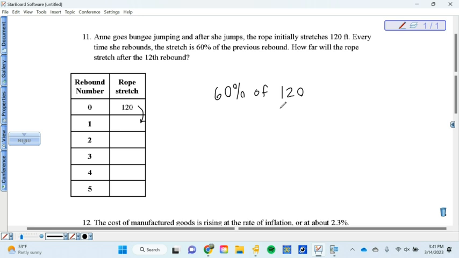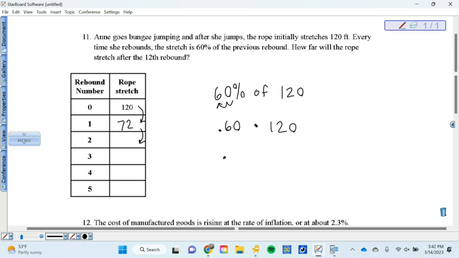Well, I used the decimal and then multiplied 12 by 6. Perfect, right? 60% as a decimal is just 0.60. Of always means times 120, which gives us 72. So then how would I find 60% of 72?